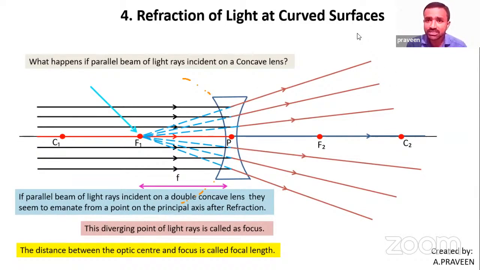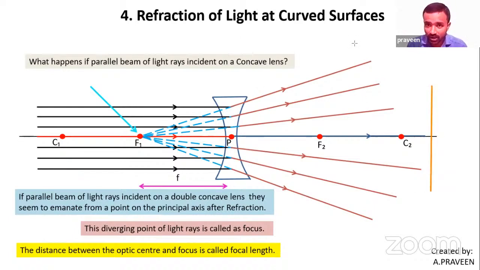Yes, we have the symbol for the double concave lens also. Look at the shape outline, how it is curved inwards. I am assigning that shape by observing the two surfaces.